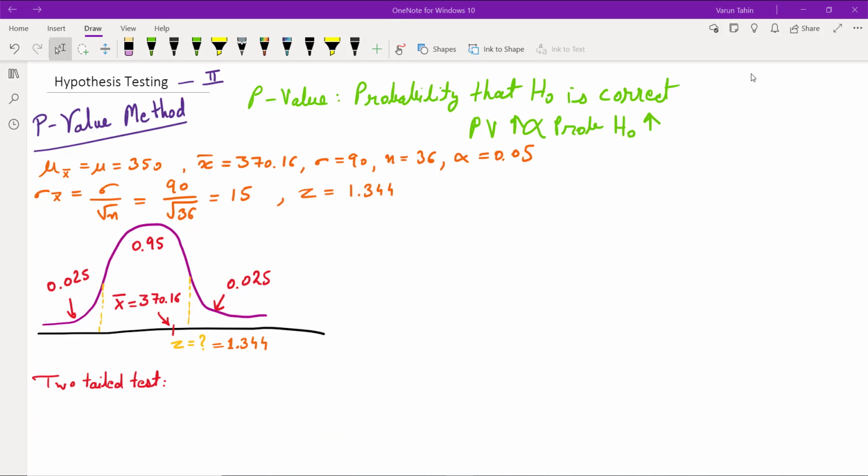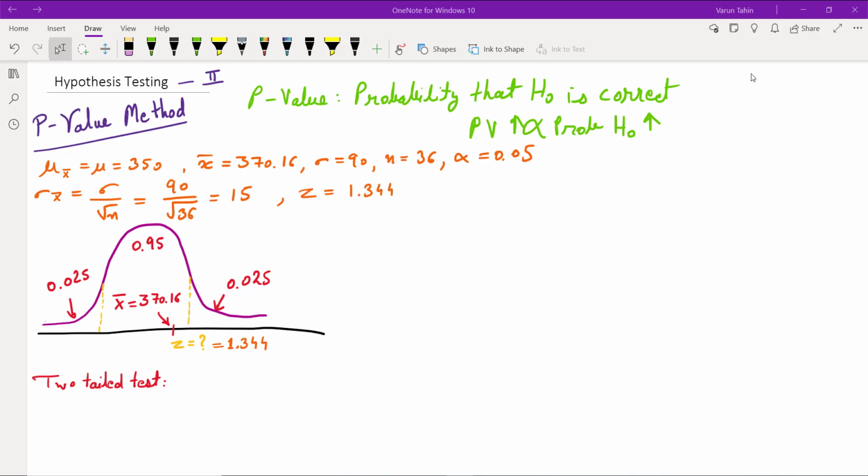Now instead of calculating the upper critical value and lower critical value like we did for the critical value method, in the p-value method we will calculate the p-values. That will also depend upon whether the sample mean is on the right or the left of the population mean.